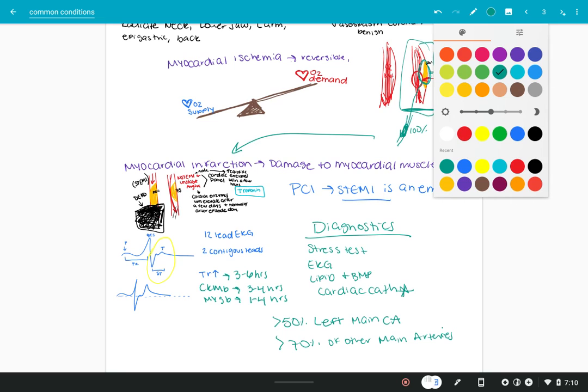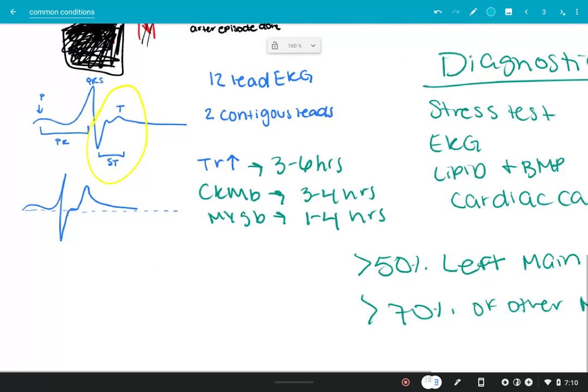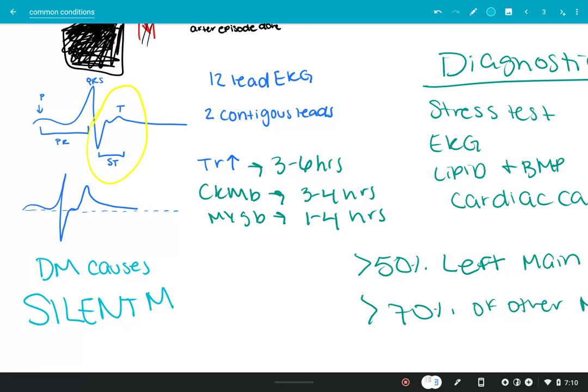Diabetics, and remember this because I'm sure it's going to be on some kind of test. Diabetes mellitus causes silent MIs.